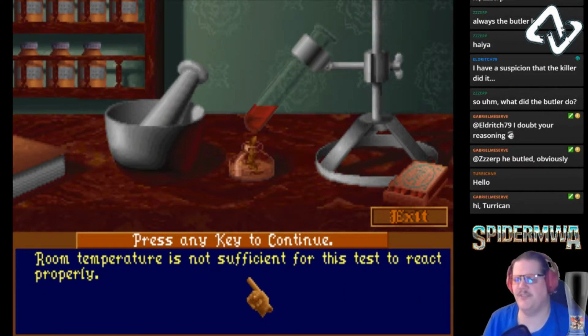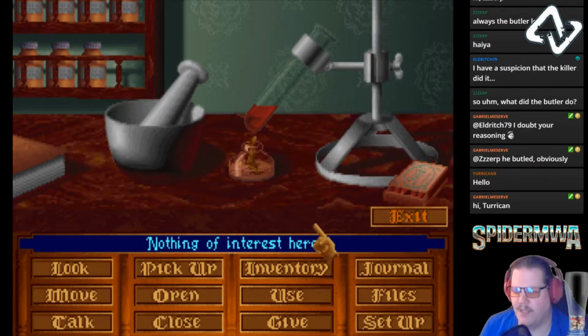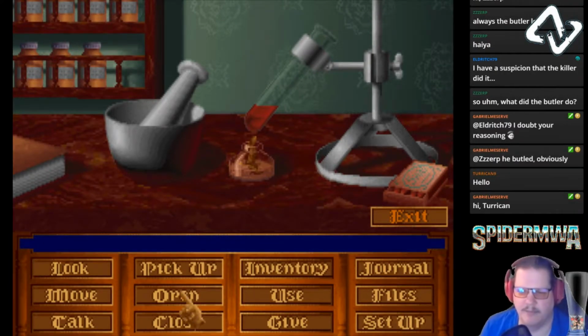Room temperature is not sufficient for this test to react properly. Nothing of interest here. How do I use this then?